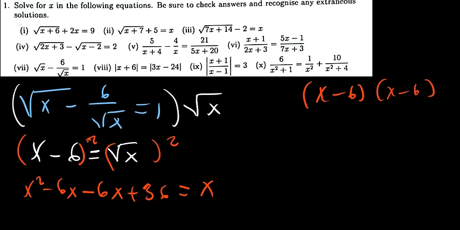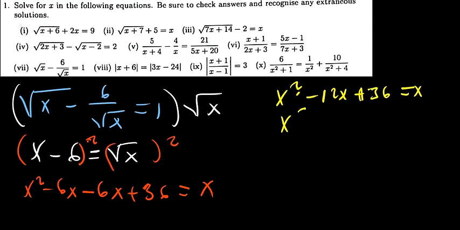Meaning I now have x squared. These are going to give me negative 12x, then plus 36 is equal to x. Shift x to the other side.